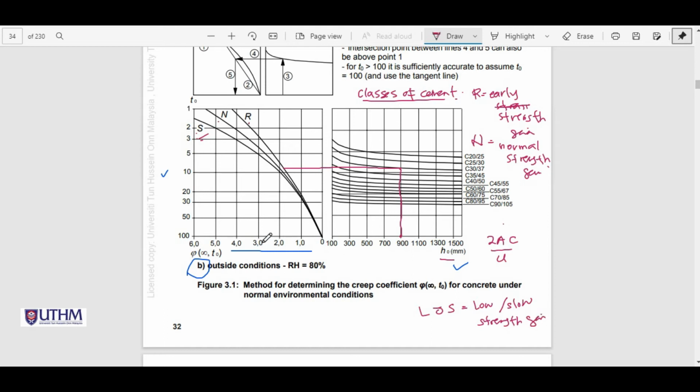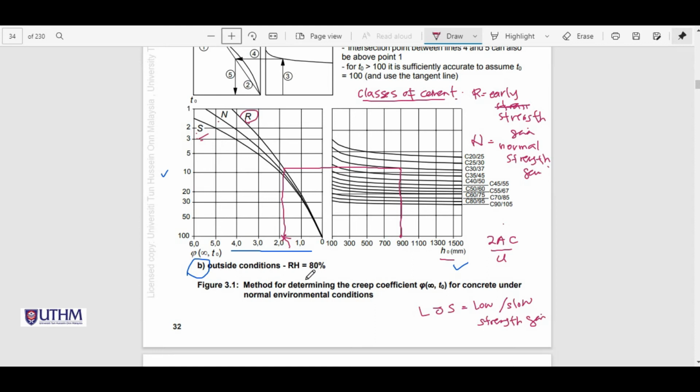So in this case, when you design a column with 28 days strength, we select the early strength gain. So we select R. Then you stop at R and draw a straight line downwards, and this is the point for the final creep coefficient. So I hope this answers your question.